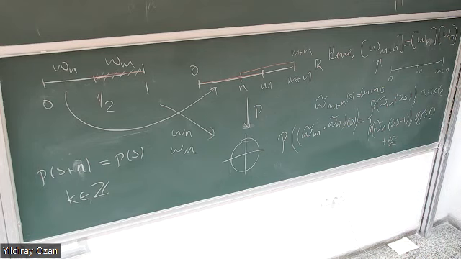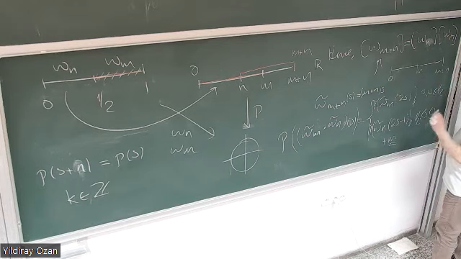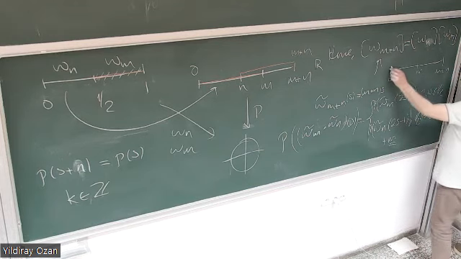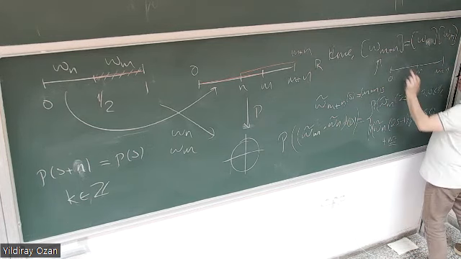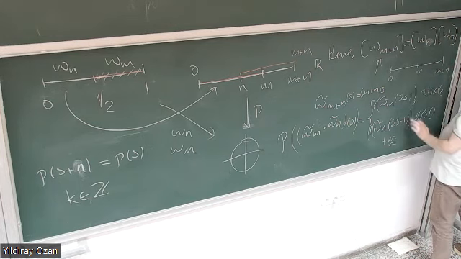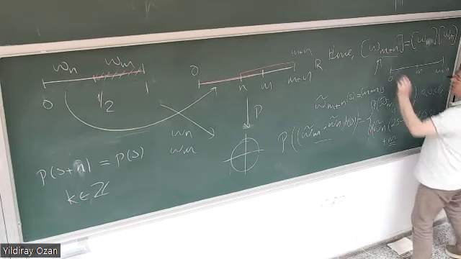And this shows what? This shows that the product is represented by a path from 0 up to n plus m. Same as this one. Therefore, this product is equal to this gadget.